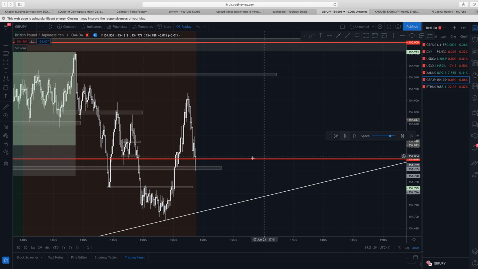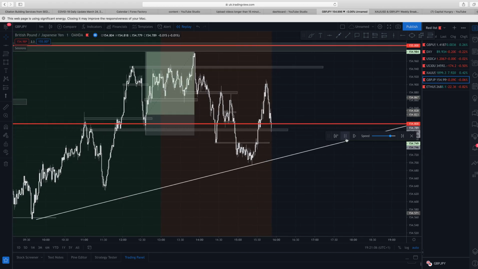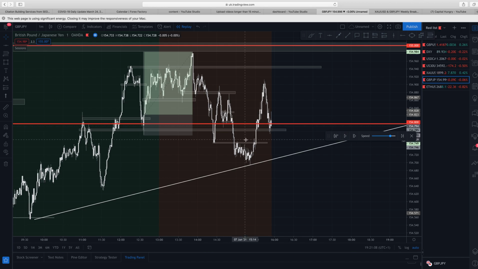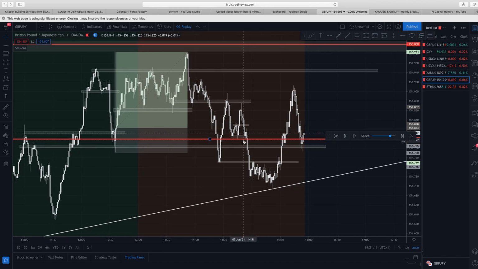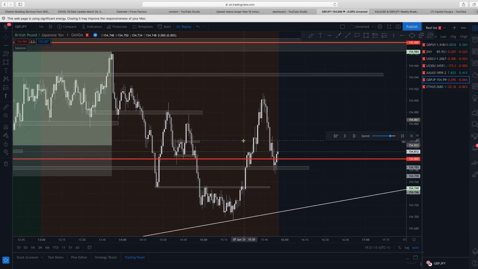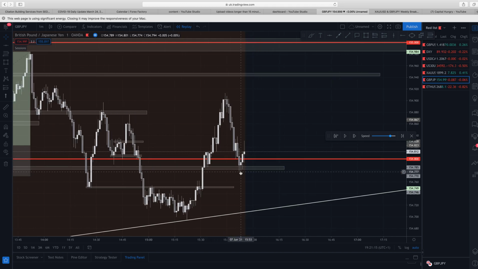Mainly price action over here. This is interesting. Look at that. Another double bottom. Failures to close below it convincingly anyway.